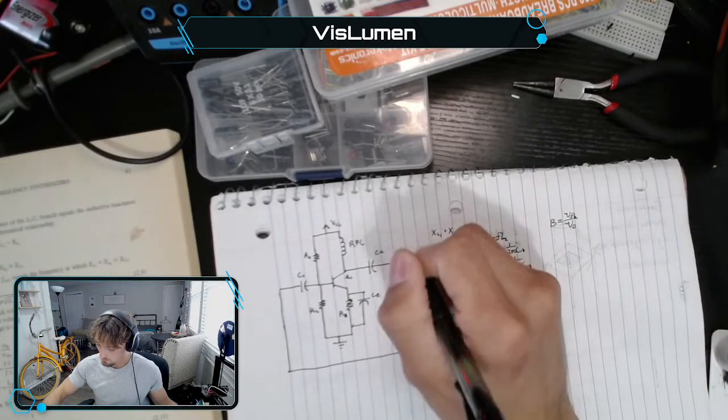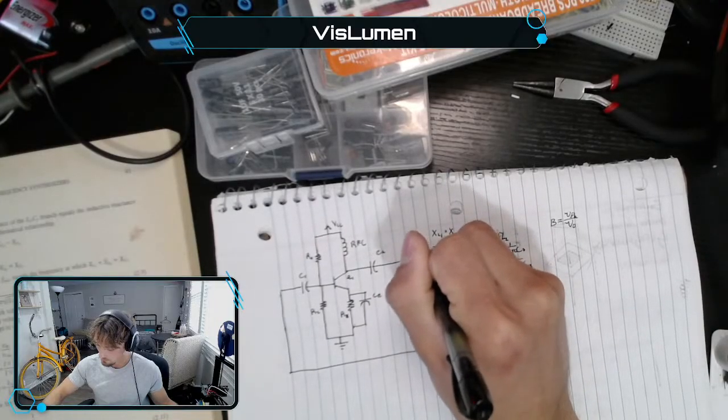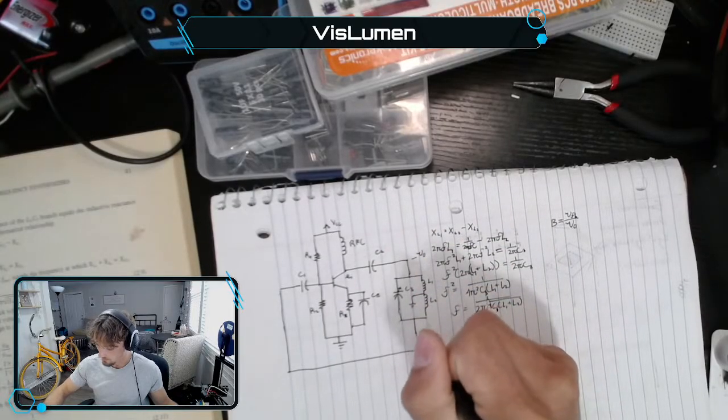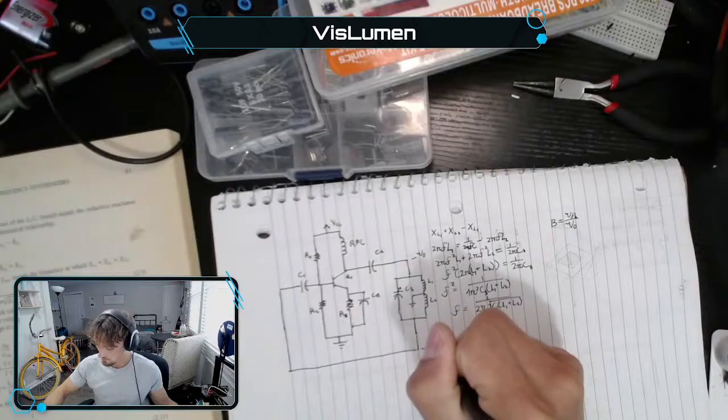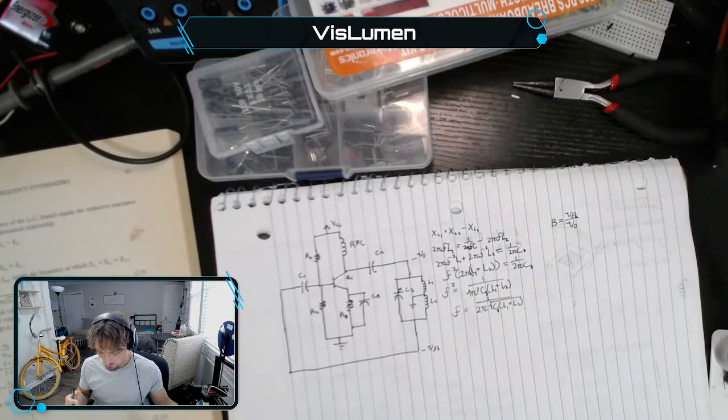Okay. And then, yeah. Okay. And we can define it by I times the reactance 2 pi f L2. Yeah, that's correct.